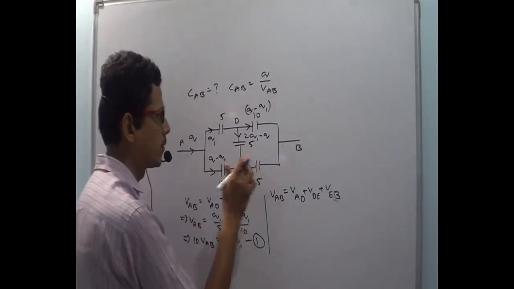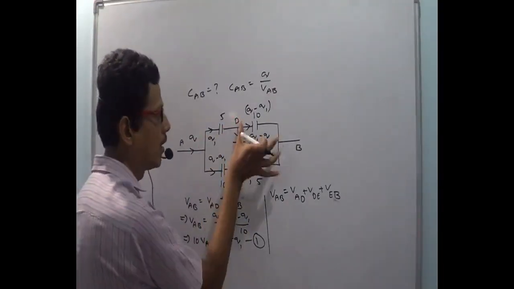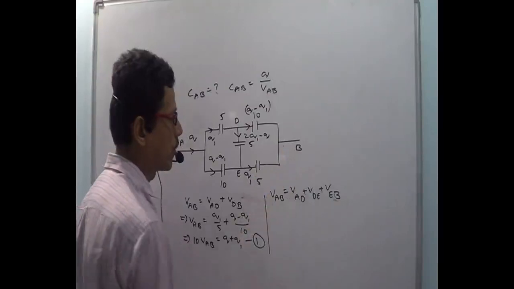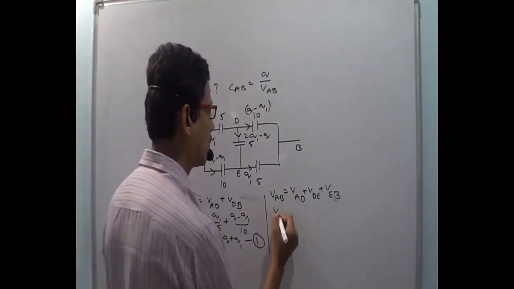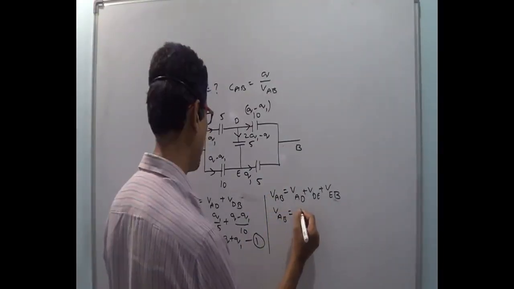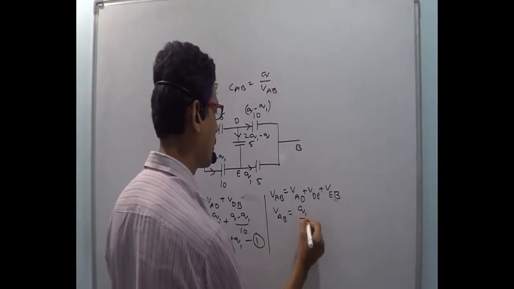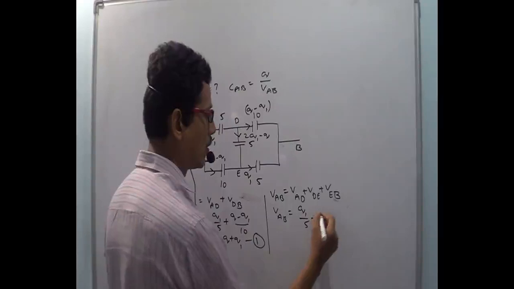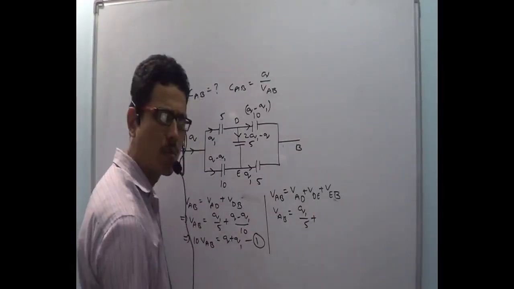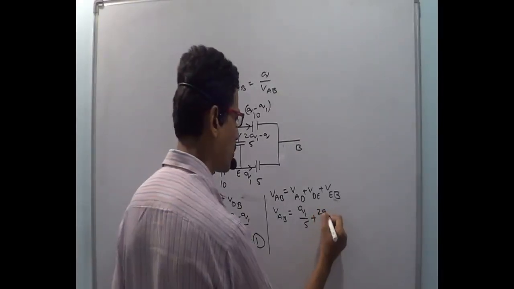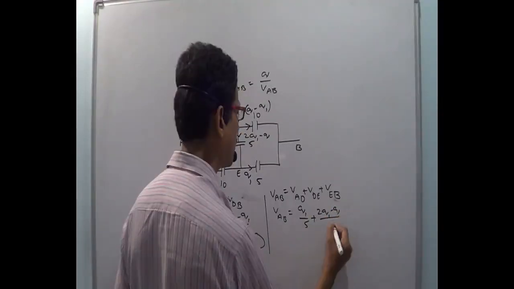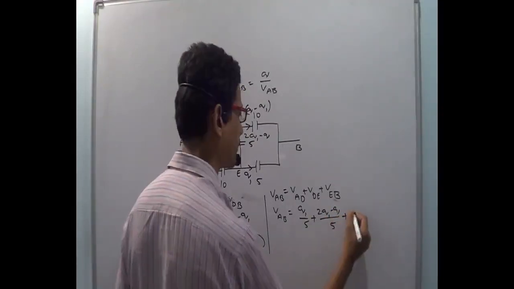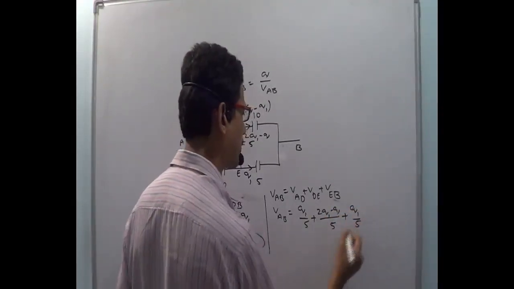This is the long path. VAB can be written as Q1 by 5 plus charge by capacitance, the potential difference, 2Q1 minus Q divided by 5, plus Q1 by 5.